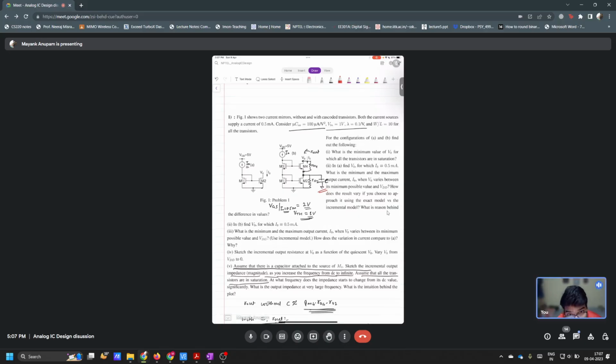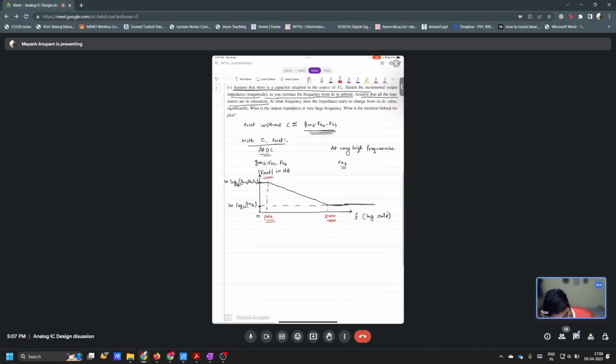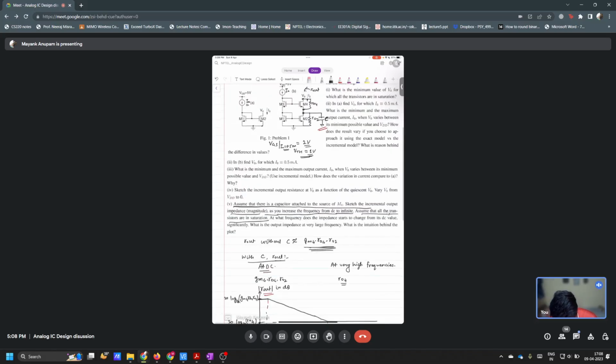No, one second. We are talking about R out, okay? We have this picture of R out, the pole and zero of R out. So tell me, what will be the situation?